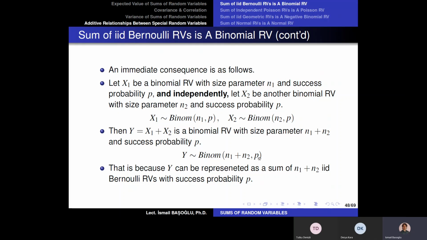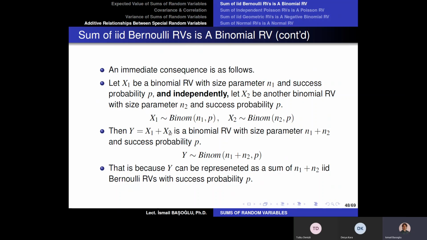Actually, there is no need for any comment here because X1 represents the number of successes in a Bernoulli experiment sequence where we repeat the same experiment N1 times, and X2 is the number of successes that we observe in another sequence of the same experiment where we repeat the experiment N2 times. Now, what is the total number of successes?